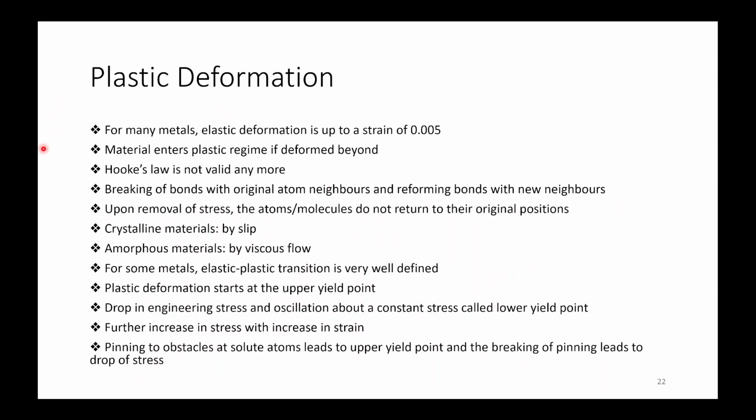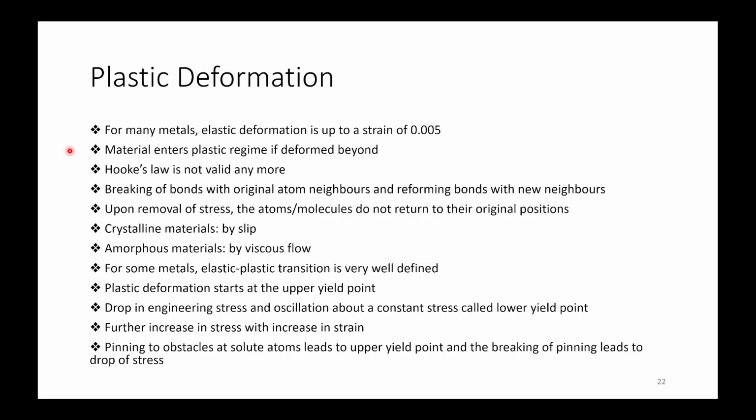For plastic deformation, for many metals, elastic deformation is up to a strain of 0.005 and the material enters the plastic regime if deformed beyond, and Hooke's law is not valid anymore.